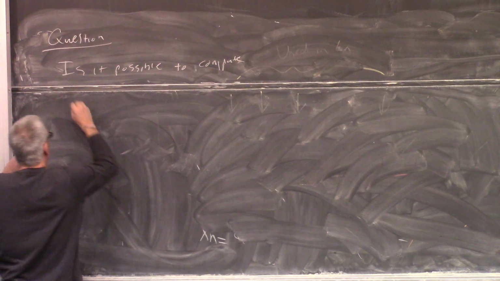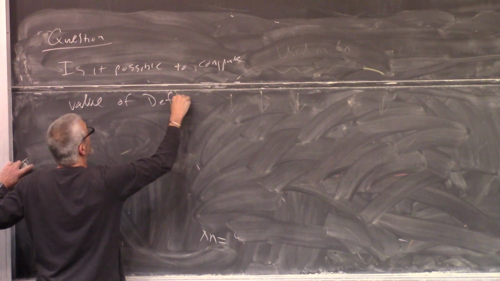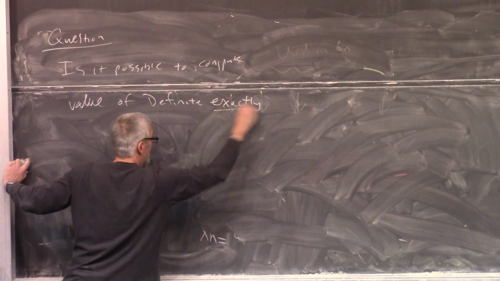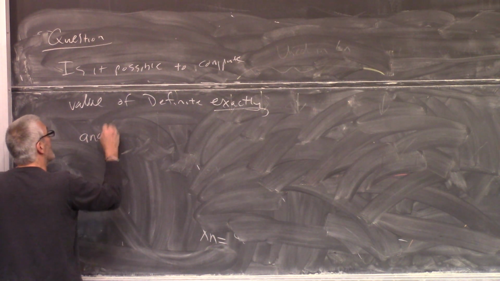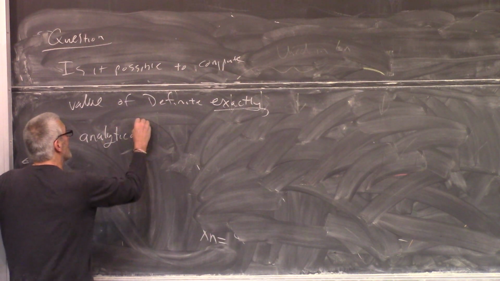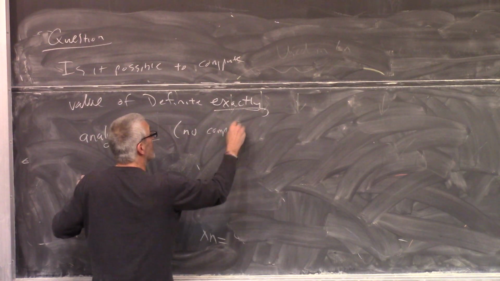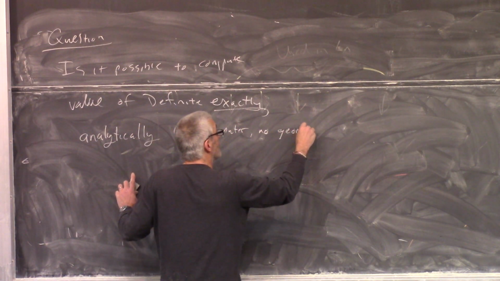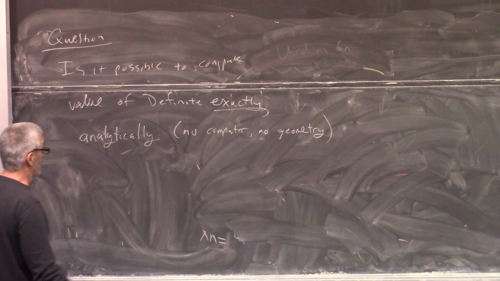So to compute the value of the definite integral exactly, and I'm going to say analytically, by analyzing the things. So no computer, no geometry. Just your big math brain. So that's the question.